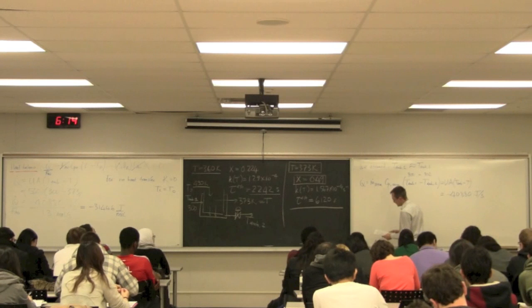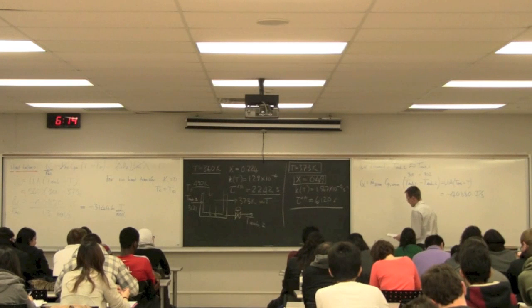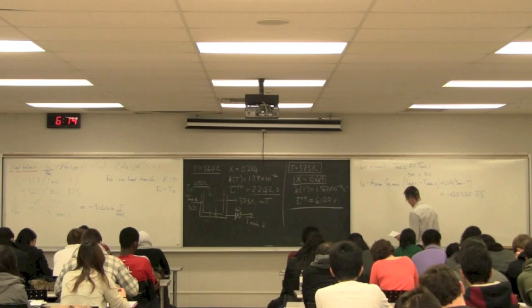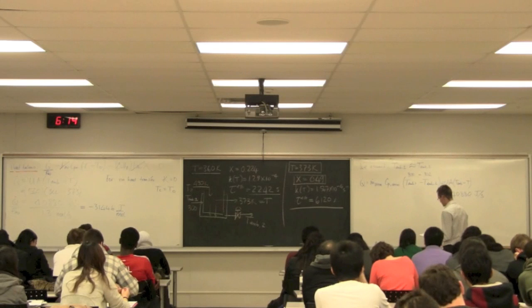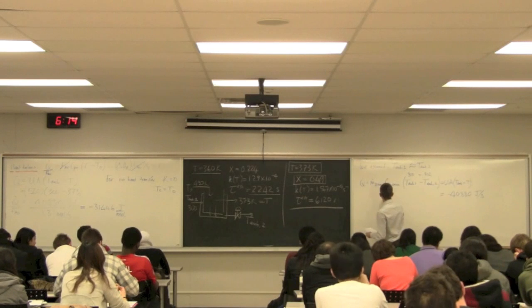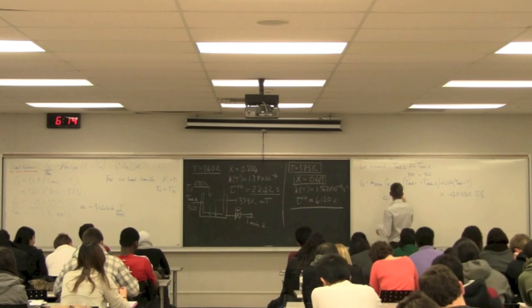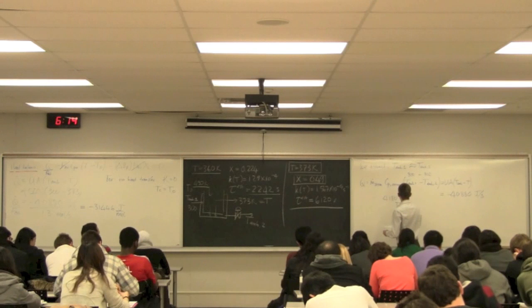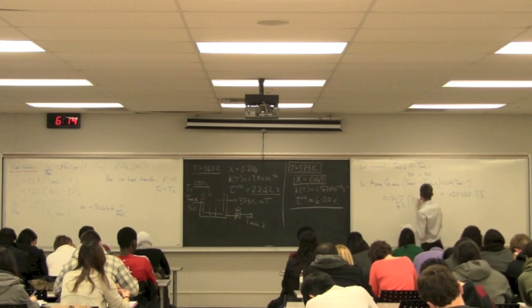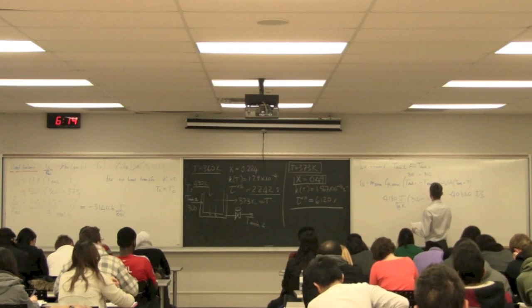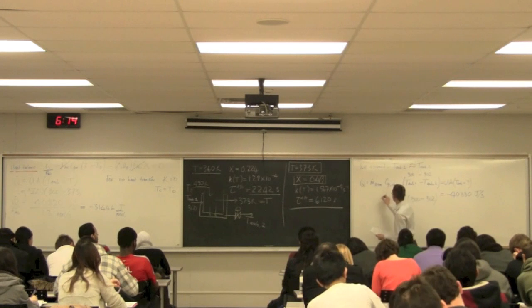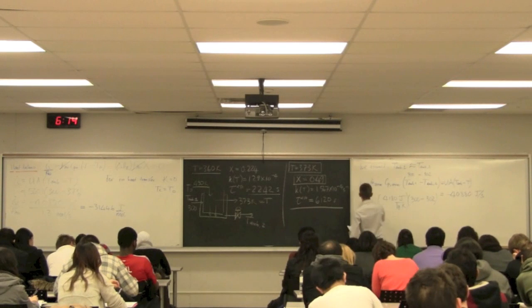Let's use the heat capacity of water, since that's the most common heating material. That's 4,180 joules per kilogram Kelvin. We're going to take a temperature difference of 300 minus 302 Kelvin and solve for this M dot.